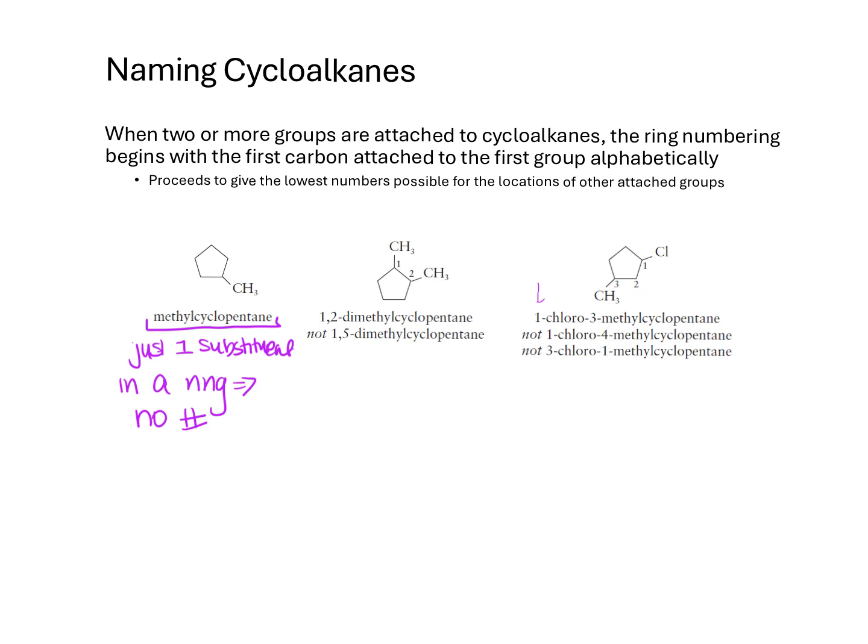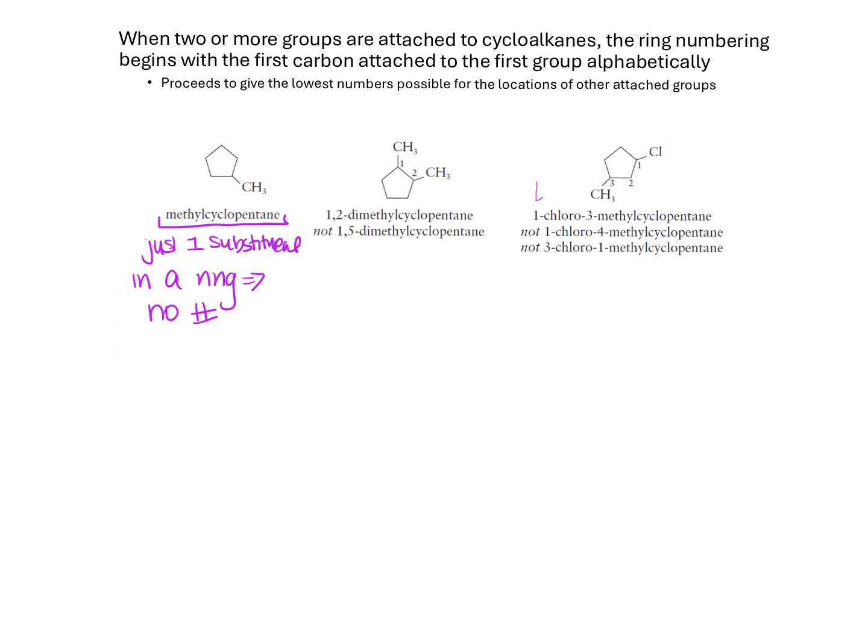So when we come here to do an example, I believe yours will be on the next page. For whatever reason, mine didn't come in on the next page. So flip to the next slide. You should be able to see it there. We have some groups that look like this. When we look at this group, we see that it's a cyclopentane.